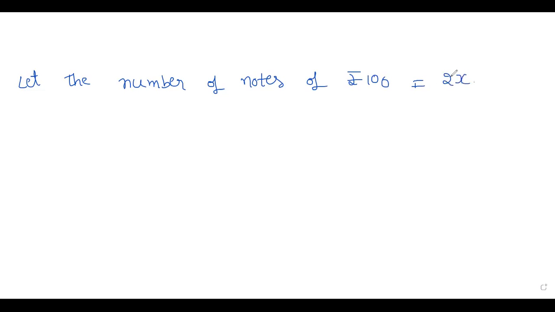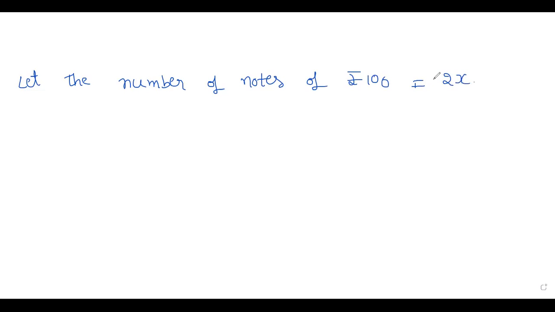So let us assume, okay, assume the number of notes of ₹100 as 2x, right?